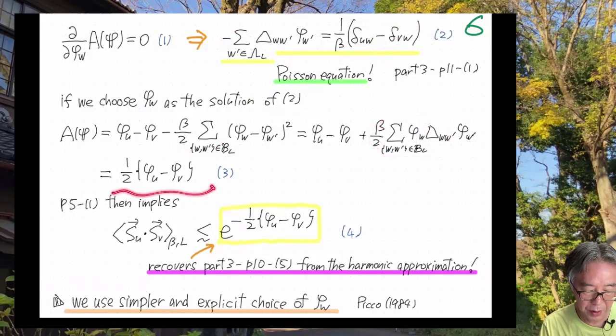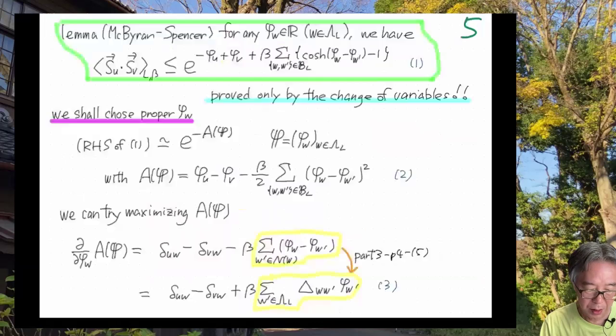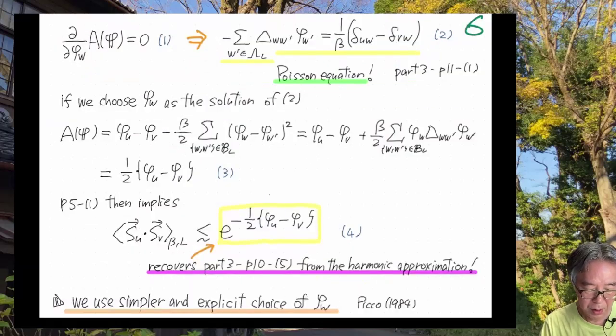So you finally find that this is this. So if you use this form, and then you recall that this right-hand side is basically this, you find that the 2-point correlation function is upper bounded by this. But again, this recovers exactly equation 5 on page 10 of part 3, which came from the harmonic approximation. So let's look at this.